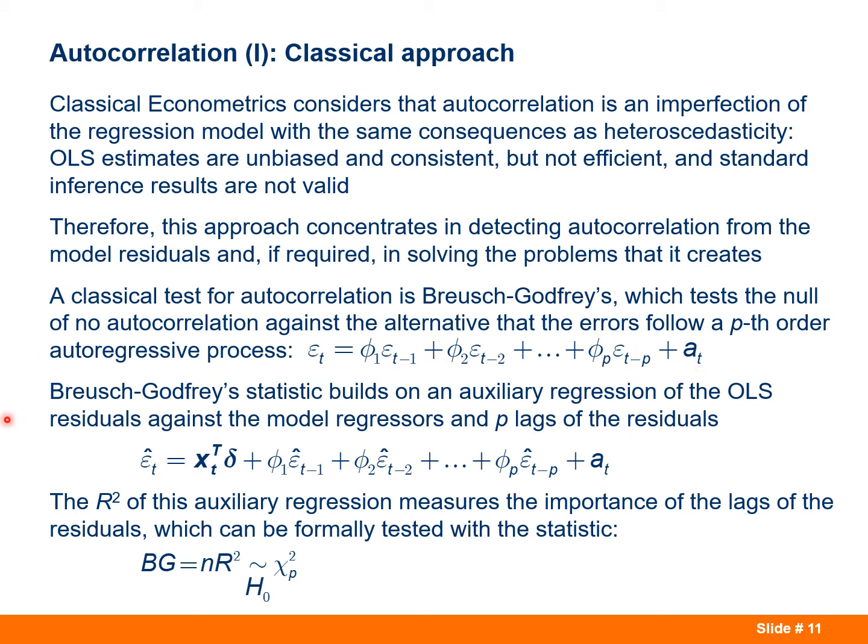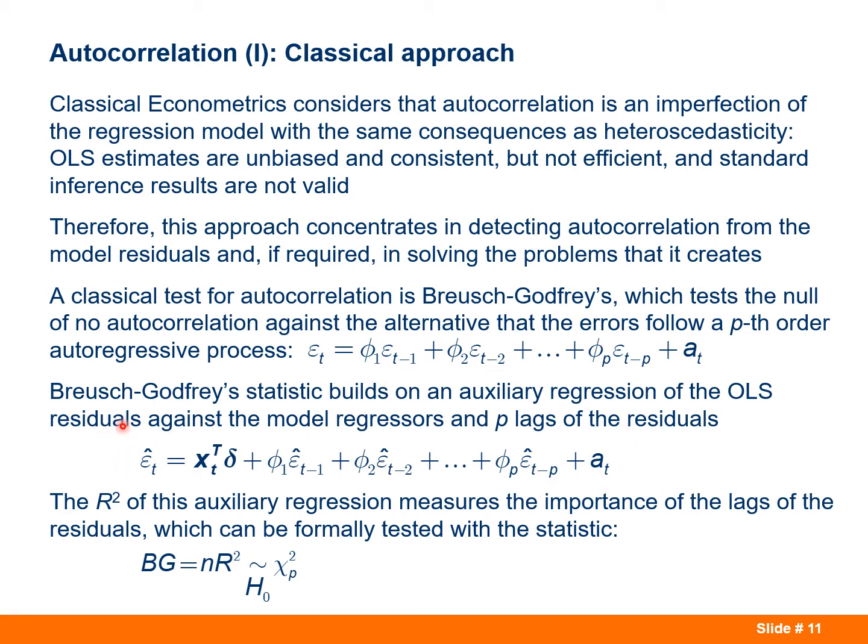The test statistic is computed on the basis of an auxiliary regression, like the White test that we saw in heteroscedasticity. We need to run a regression of epsilon t hat, the residuals from the main model that we are estimating, against the regressors of that model and against p lags of epsilon t hat, with this error term here.